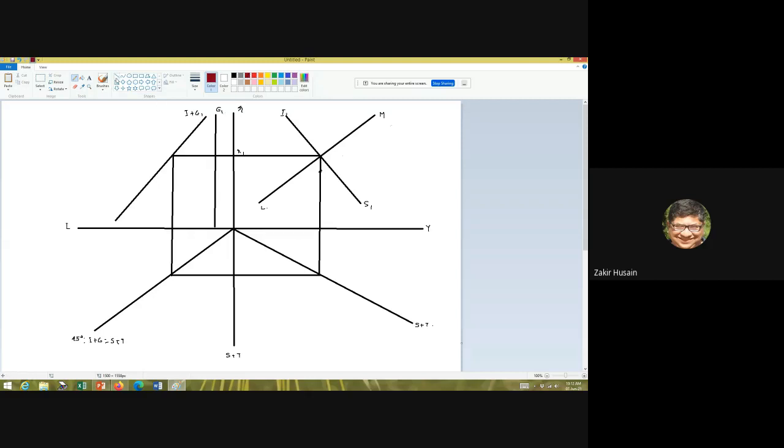Now, let us suppose that G goes up. Okay. So that means G1 to G2. So the I plus G curve will also change.